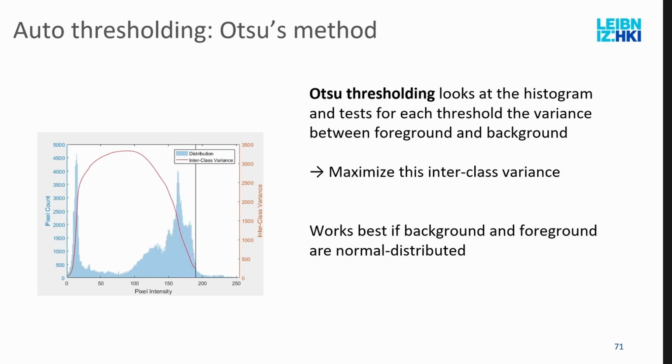And it assumes the distribution, though that doesn't mean it does not work on images that don't follow this distribution. Just try it out, or try out the other thresholding methods. They are a bit data dependent on how well they work, and you get over time a feeling which one works for which case better.